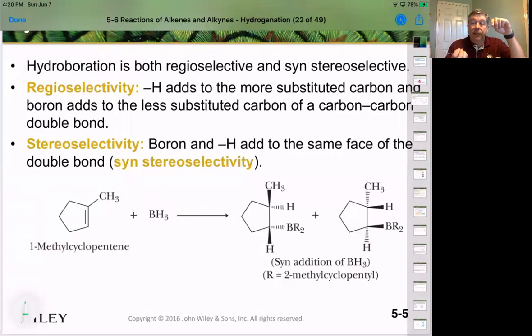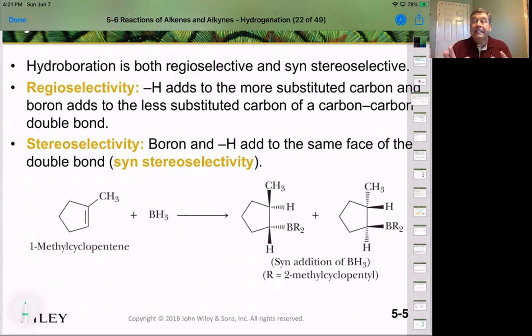That's anti-addition. In this case, both the hydrogen and the boron end up on the same side of that double bond. That's syn addition, okay? So the regioselectivity says that our hydrogen adds to the more substituted carbon, the reverse of Markovnikov, and the boron adds to the least substituted carbon, okay? And it also adds the hydrogen and the boron on the same face.